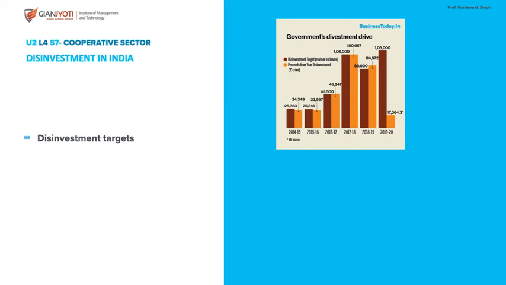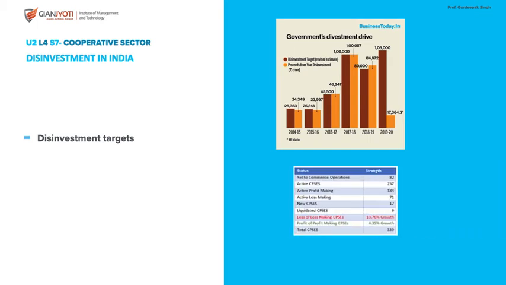So from 2017, we are really going after the sick public sector enterprises and trying to revive them. In 2019, the target has gone to 1,05,000 crores, so it has increased. So far, we have been able to get proceeds of around 17,000. So these figures are still awaited.